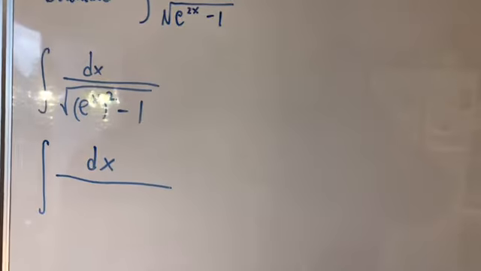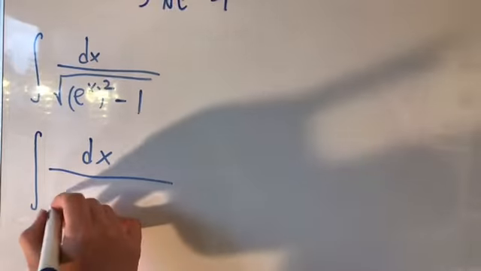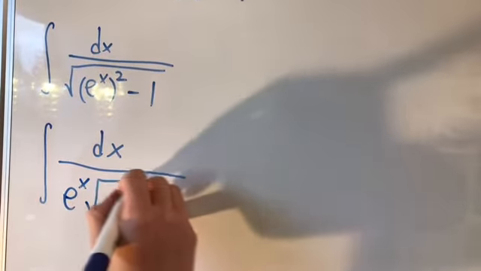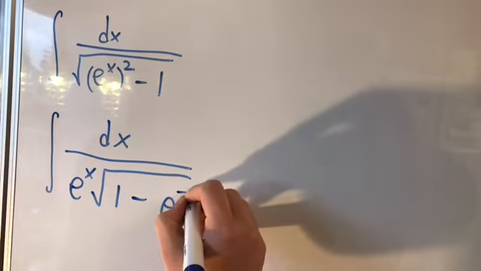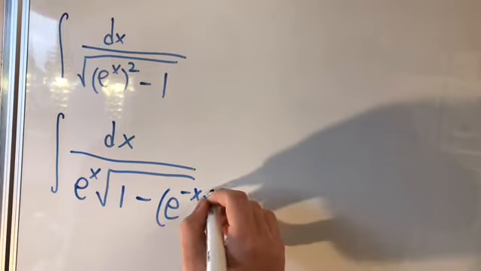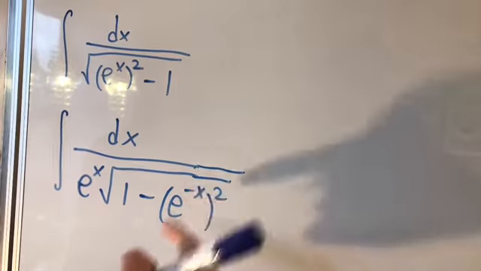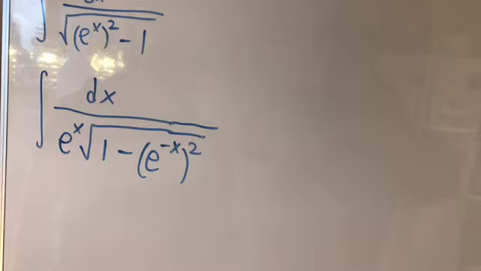We take the e^(2x) out of the square root, so that gives us, since this is just 1 over e^(2x).